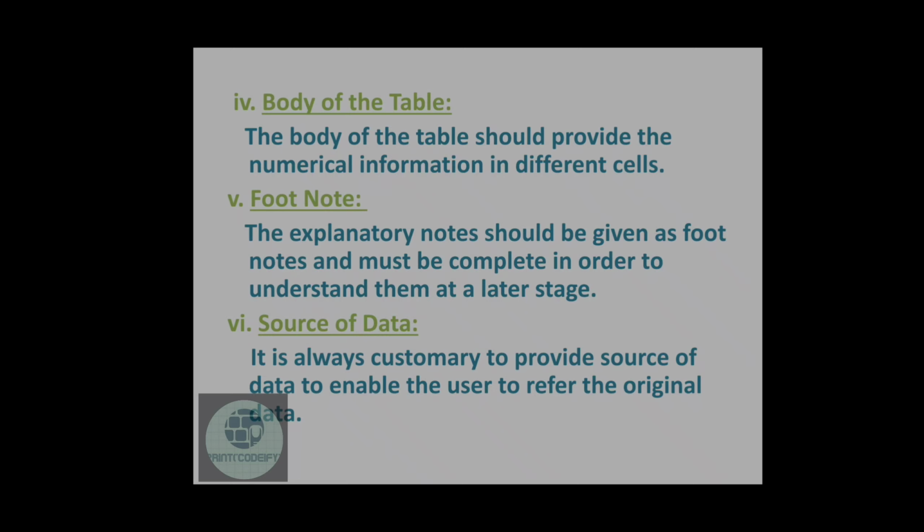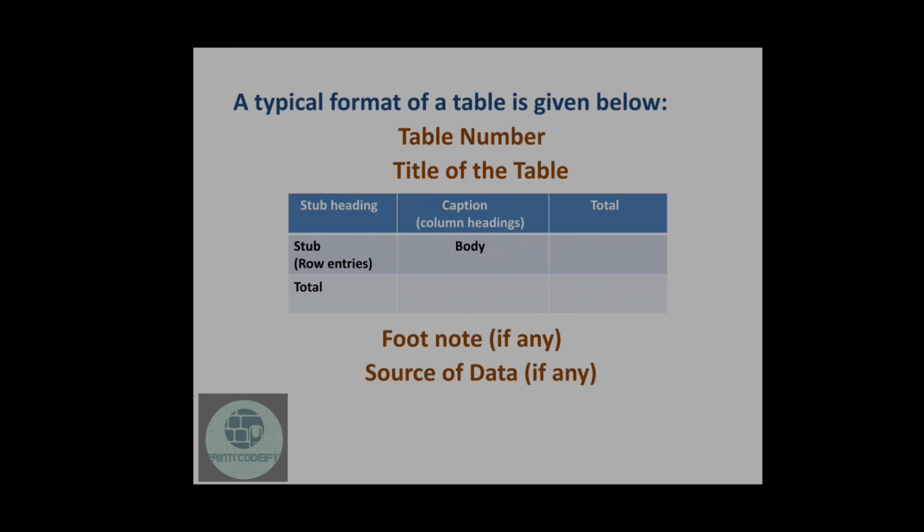The explanatory notes should be given as footnotes and must be complete in order to understand them at a later stage. Sixth one, source of data. It is always customary to provide the source of data to enable the user to refer to the original data. A typical format of a table is given below. So observe them. The source of data may be provided in a footnote at the bottom of the table.